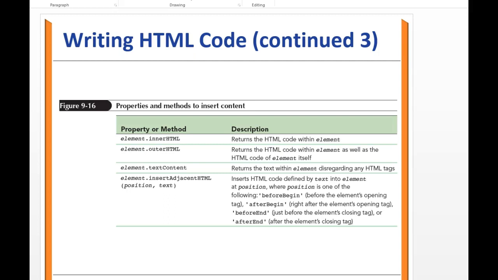So now in this list, you can see other JavaScript properties and methods that can be used to modify the content of the page element. So you can see the description for them. Sometimes we might want to use the textContent property if we want to modify the content more efficiently.